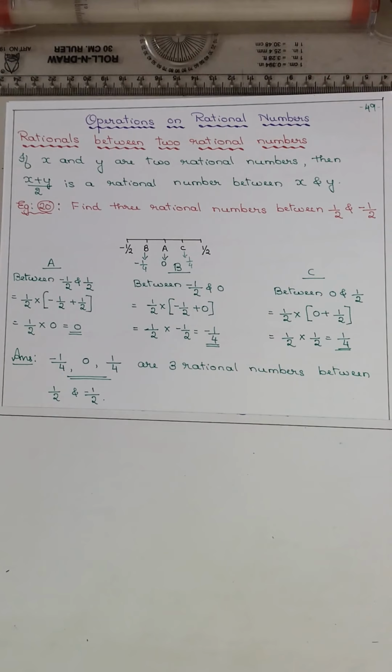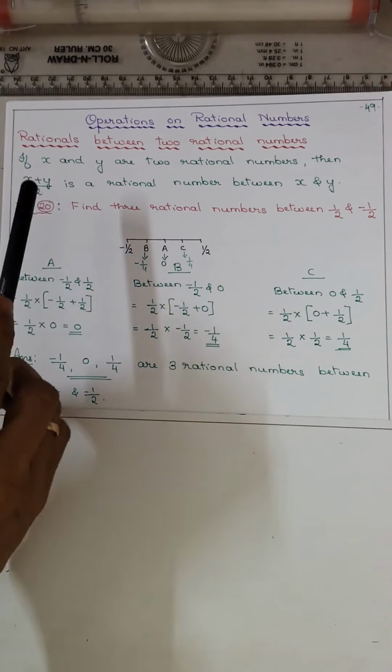Now coming to the next topic, the rational numbers between two rational numbers. कोई भी दो रैशनल नंबर के बीच में बहुत सारे रैशनल नंबर्स हम लिख सकते हैं. तो हाउ टू फाइंड आउट अ रैशनल नंबर between two rational numbers.